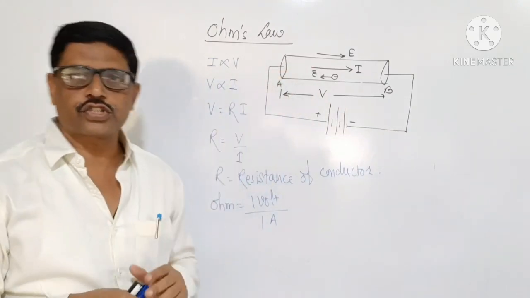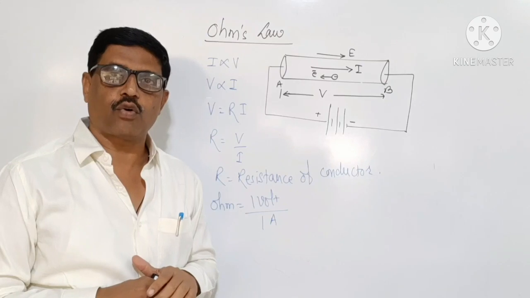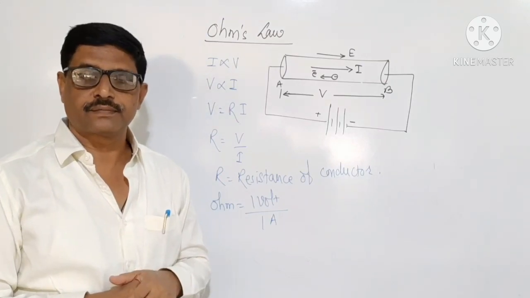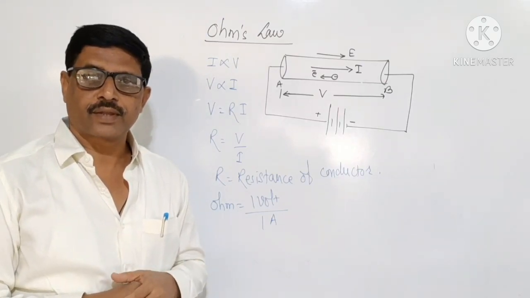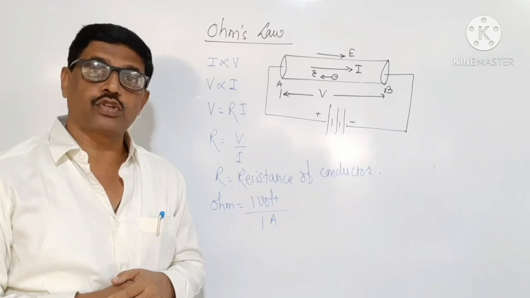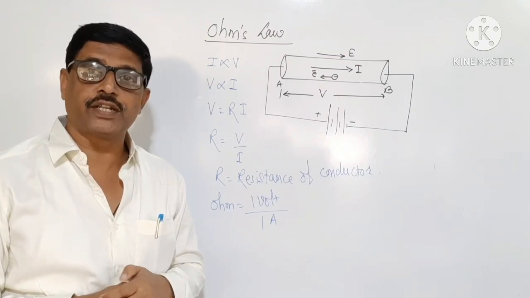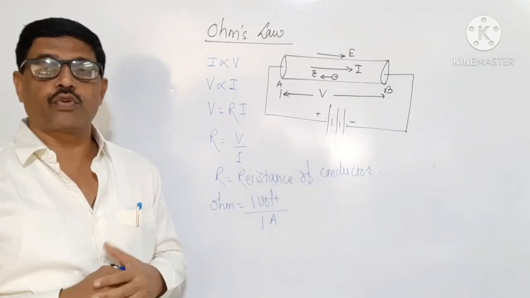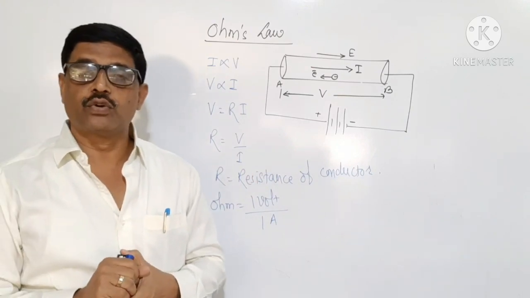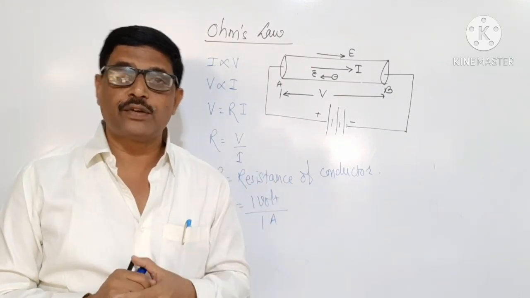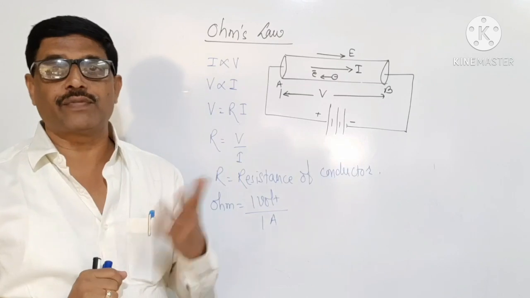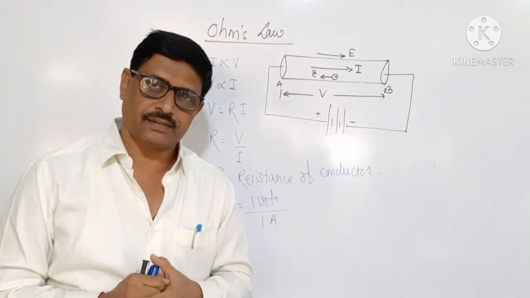Then the resistance of the conductor is 1 ohm. The higher values of resistance are measured in kilo ohm. 1000 ohm is equal to 1 kilo ohm. 10 to the power of 6 ohm is equal to 1 mega ohm, like that.